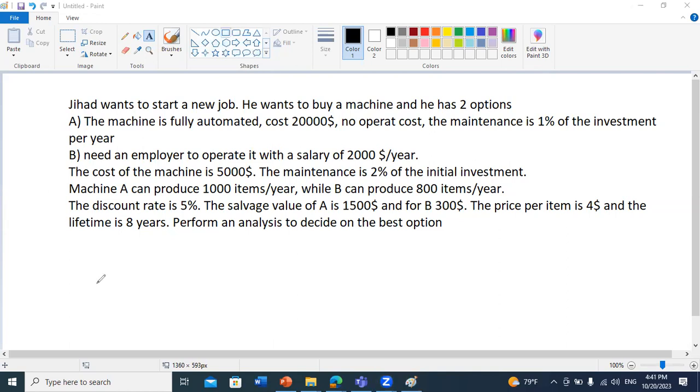All we have to do is apply the formula. What do we mean by net present value? It accounts for all costs and incomes over the whole lifetime. So NPV at year end, which is the final year, 8 years, because the lifetime of these two projects is 8.